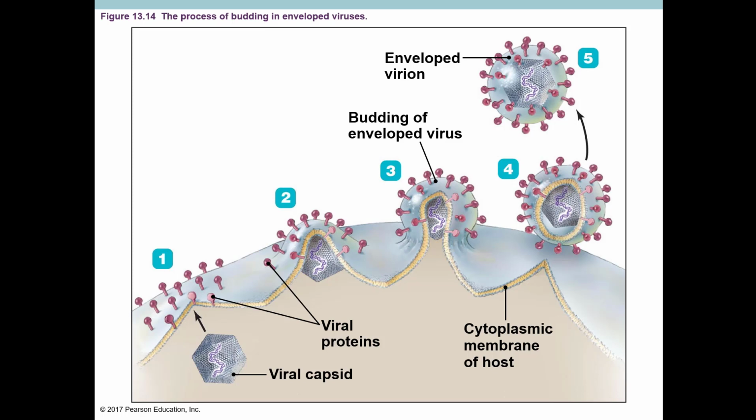This is just one virus particle going through this process, but the virus pushes against the plasma membrane, in a way that's basically opposite of making a vesicle, it pushes out and it buds off, and you get a vesicle that pops off of that cell. And so then by step 5, you have the separate virus particle that has been released from the infected cell.